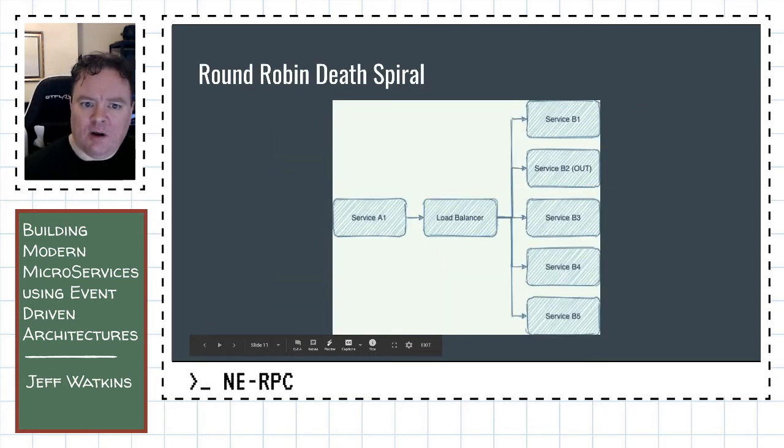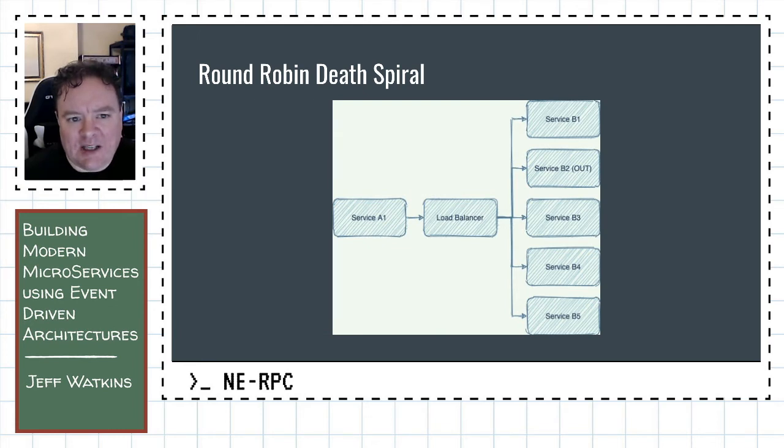And this is another quite common pattern, what we call the round-robin death spiral. Basically, if you've got a service A that calls a downstream service and it's behind a load balancer, you think, well, okay, if one of those 5 services goes down, that's fine.